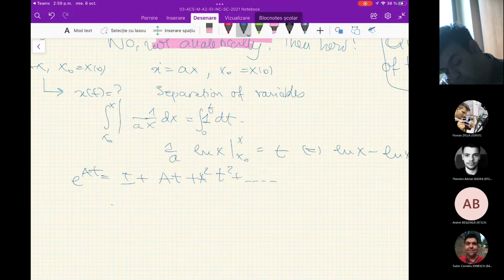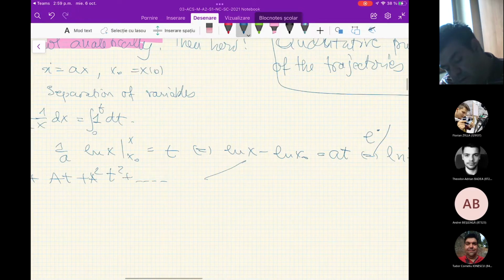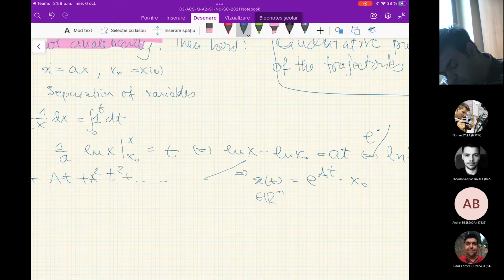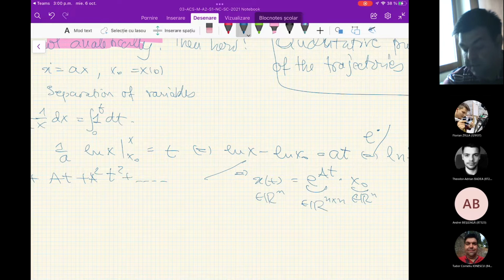No. So given the matrix exponential, we get that x of t is the exponential of at times the initial condition x naught, with x in Rn, x0 in Rn, and e to the power of at a square matrix of dimension n.